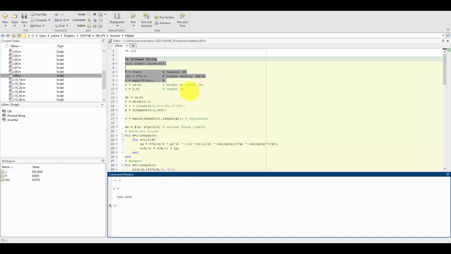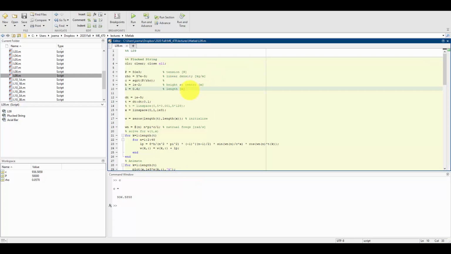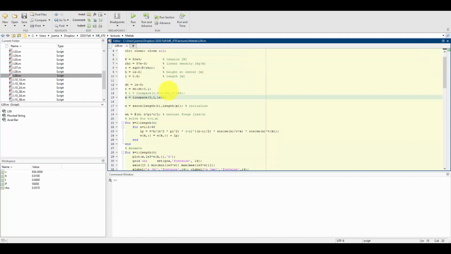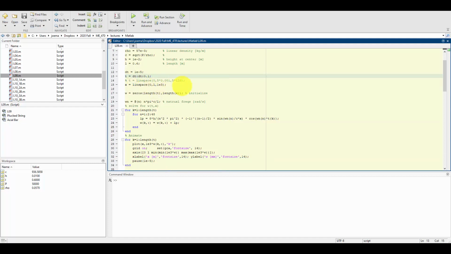Then the other given information, the length of the string and the height at the center, I can put in as well. I'm going to simulate this for 0.1 seconds, and you'll see that's going to be more than enough because the oscillations in these types of systems are typically very fast. So t only will go to 0.1 seconds, and I will divide my space into 1,000 pieces.